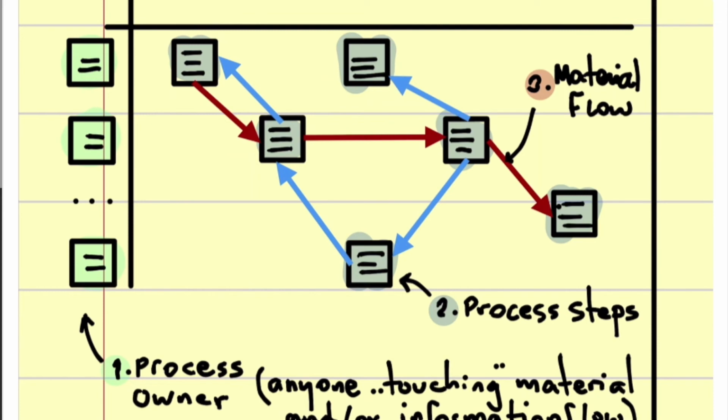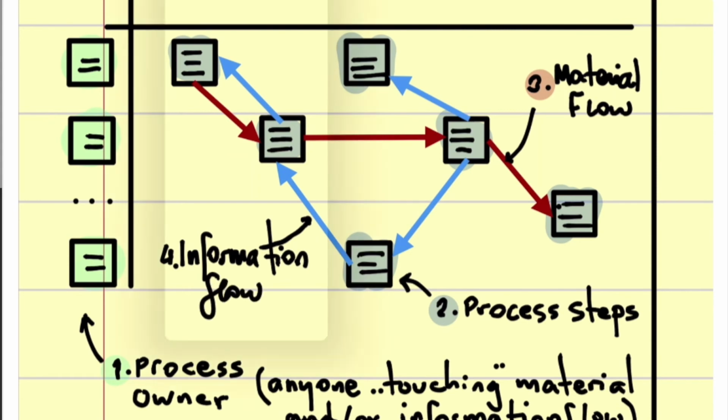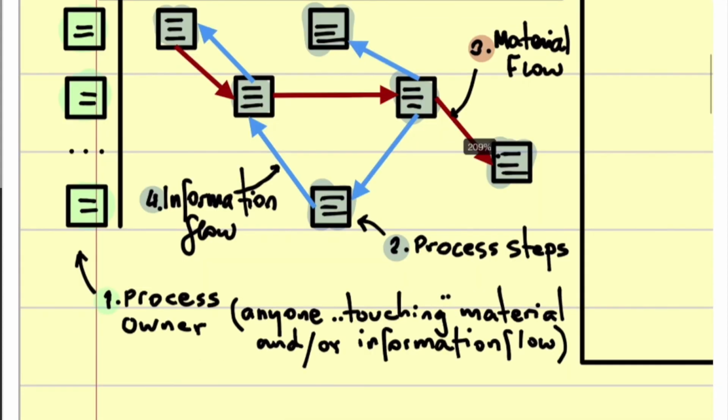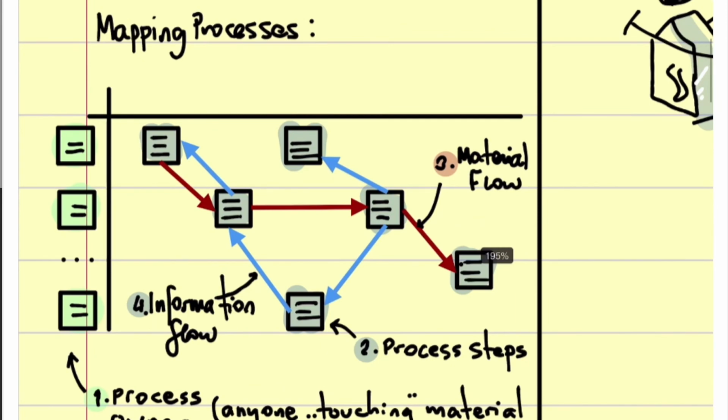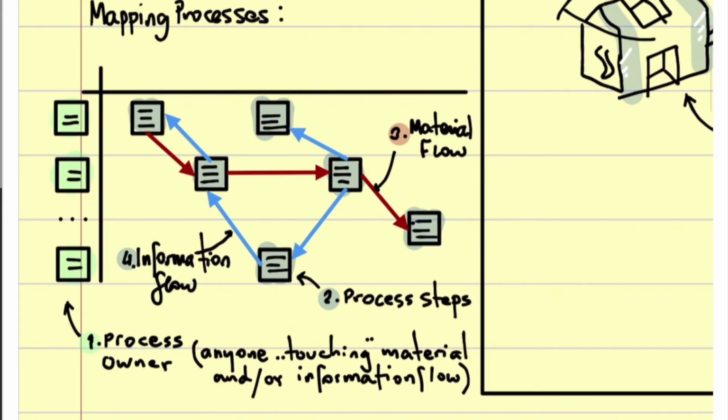So the most important part of a process is the information flow. And also the most difficult to understand.